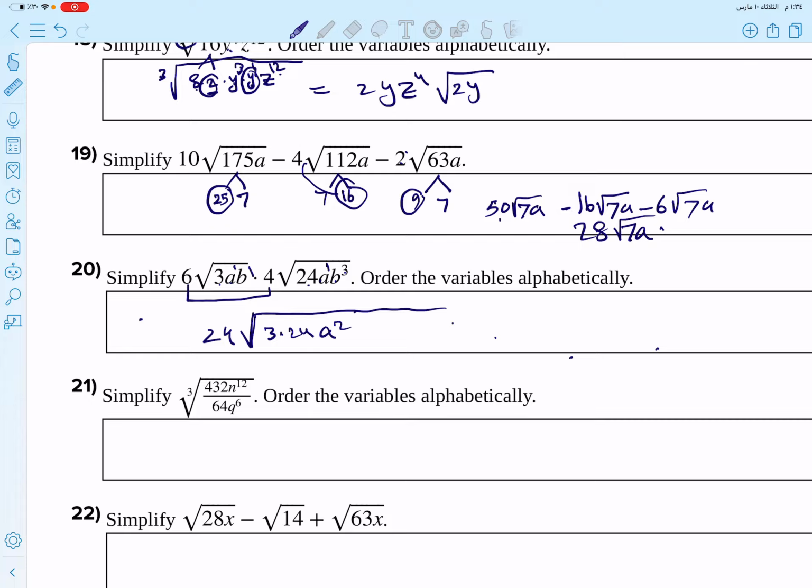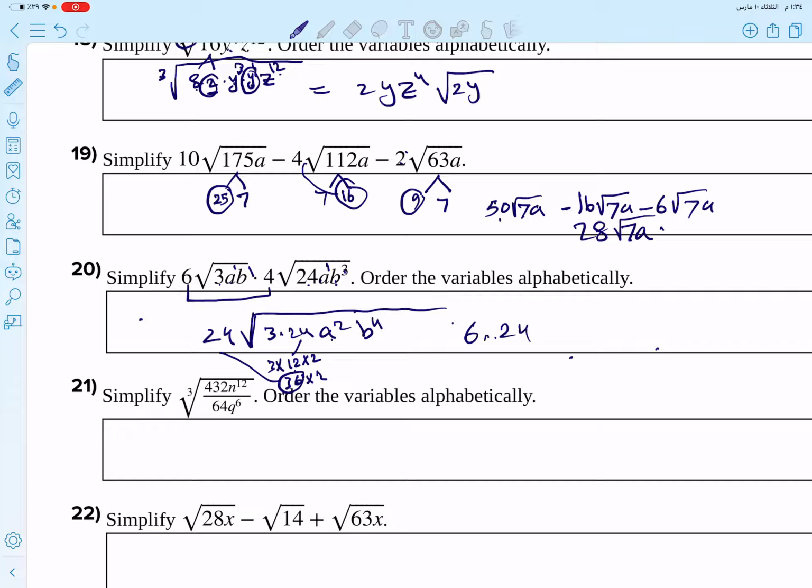P to the power 1, p to the power 3, p to the power 4. Now, 24 is 12 times 2, and I have 3 here. 3 times 12, 36 times 2. What is the square root of 36? 6. So 6 outside times 24.